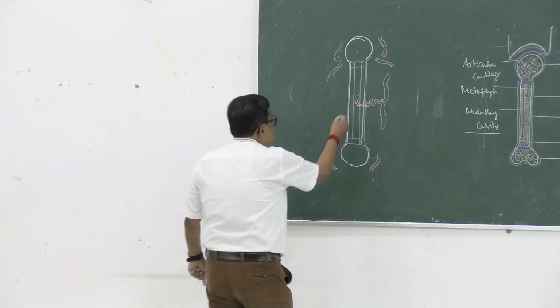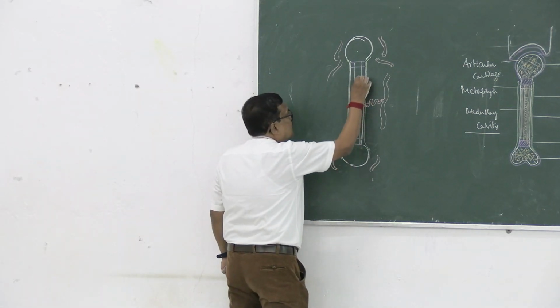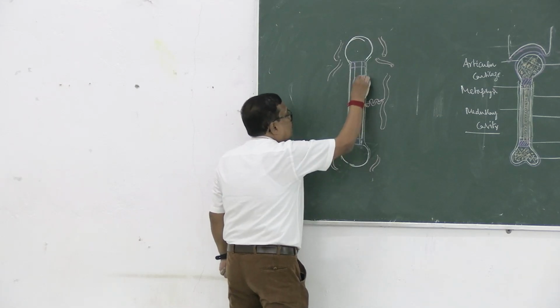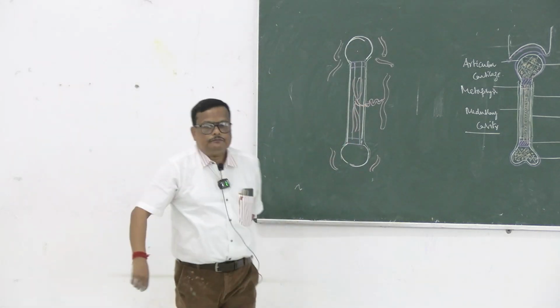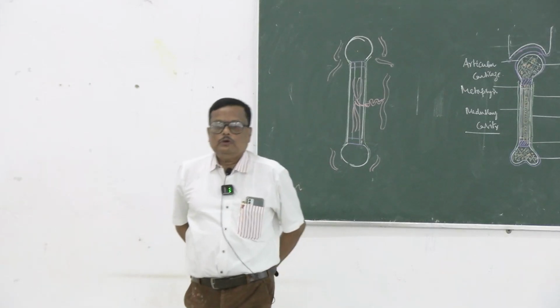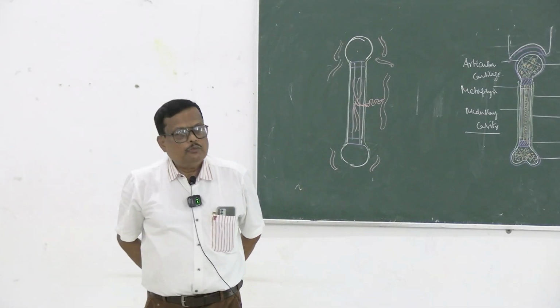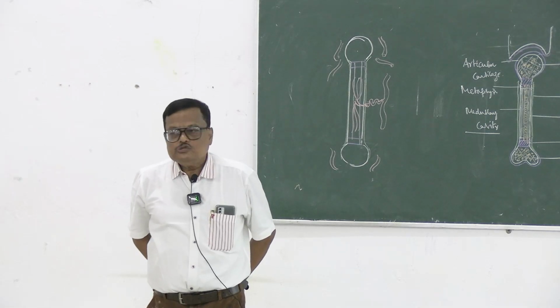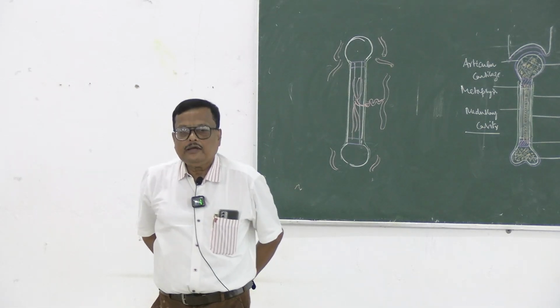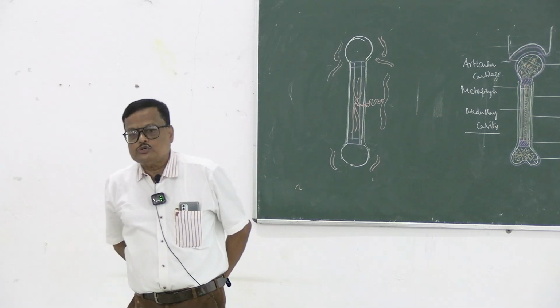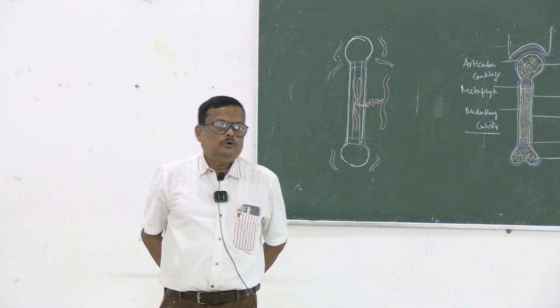Then it divides into a number of upper and lower branches. We call it the nutrient artery. The nutrient artery may be one, or more than one also, usually one. Why nutrient? Because it gives nutrition, food, to the bone.